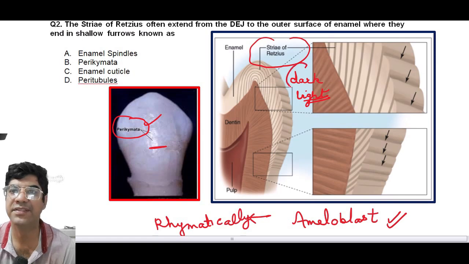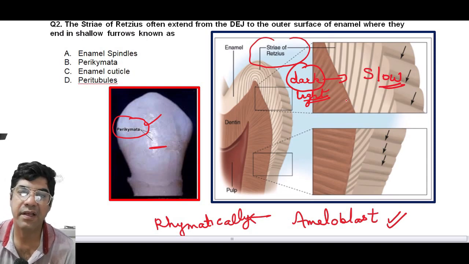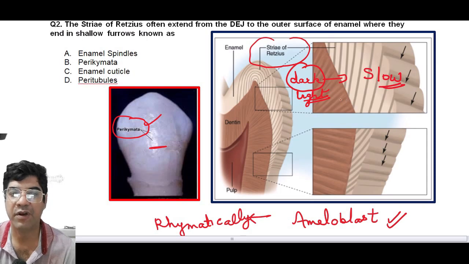So the dark bands represent the period of slow enamel secretion. During these times the ameloblasts might have been less active during enamel formation.